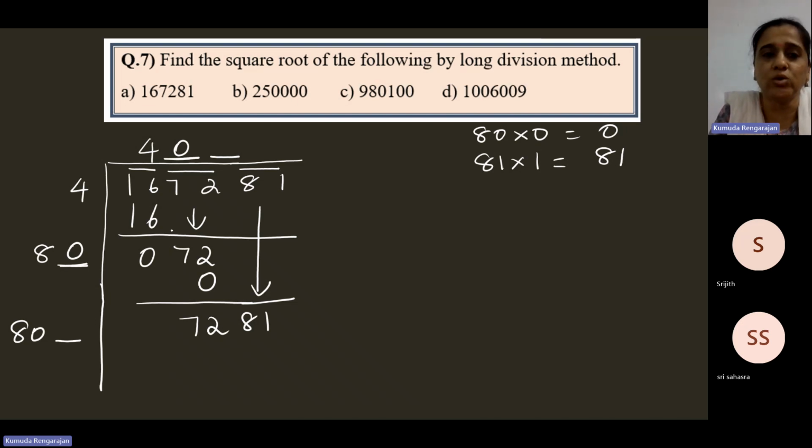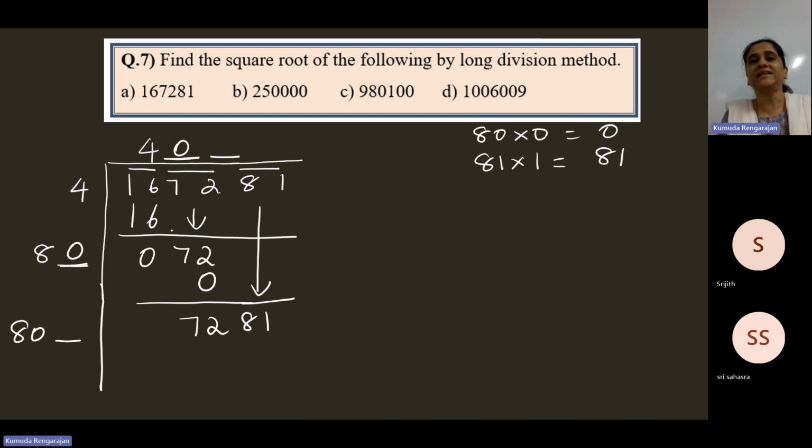They'll say find the square root of whatever number approximately up to 2 decimal places or approximately up to 3 decimal places. In that case, that means the given number is not a perfect square. Now here, all these 4 numbers are perfect squares. So in the last step, you must get 7281 exactly. Now this number ends with the digit 1.